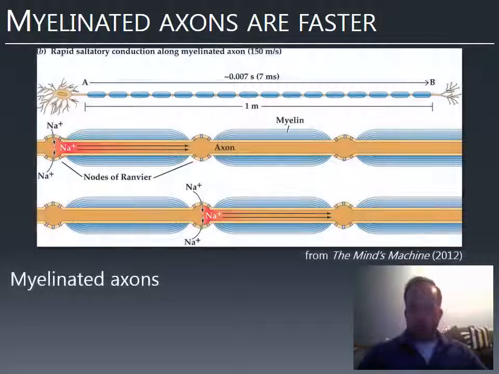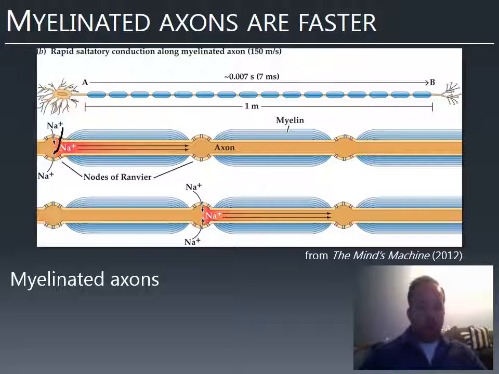Now, if there's myelin around them, they're faster. And why are they faster? Well, coating the axon in myelin has the effect of insulating it. So once sodium comes in at one of the nodes of Ranvier, which is just the open space between myelinated sections, it has nowhere else to go but down the axon quite a ways.